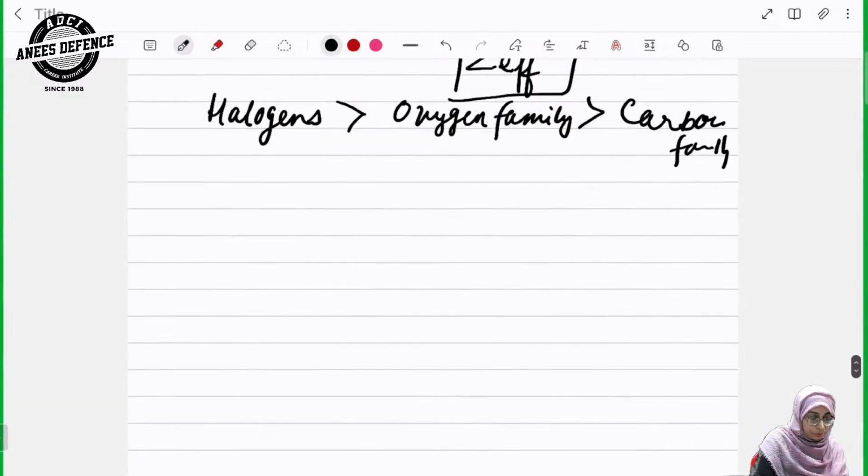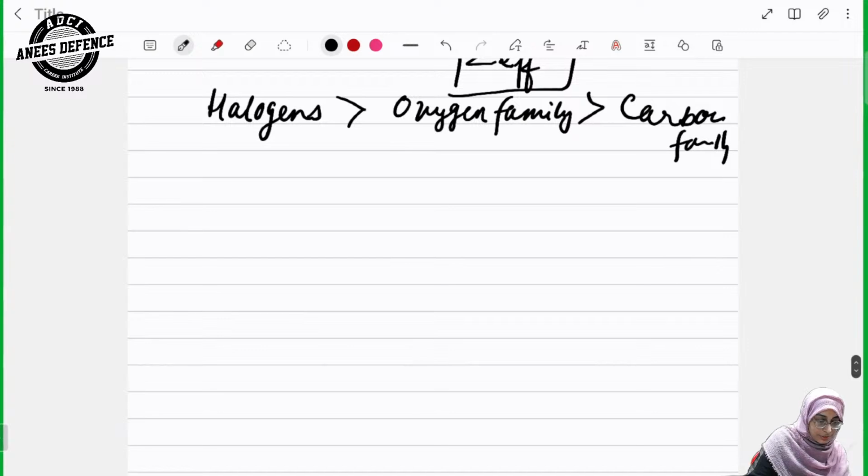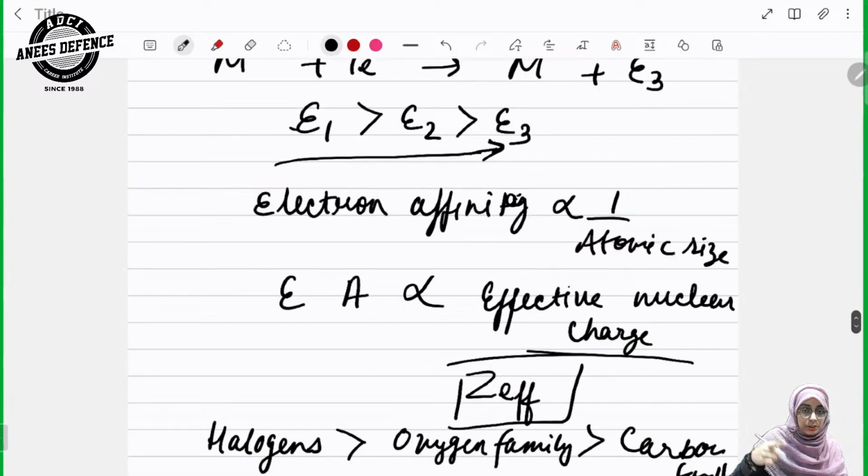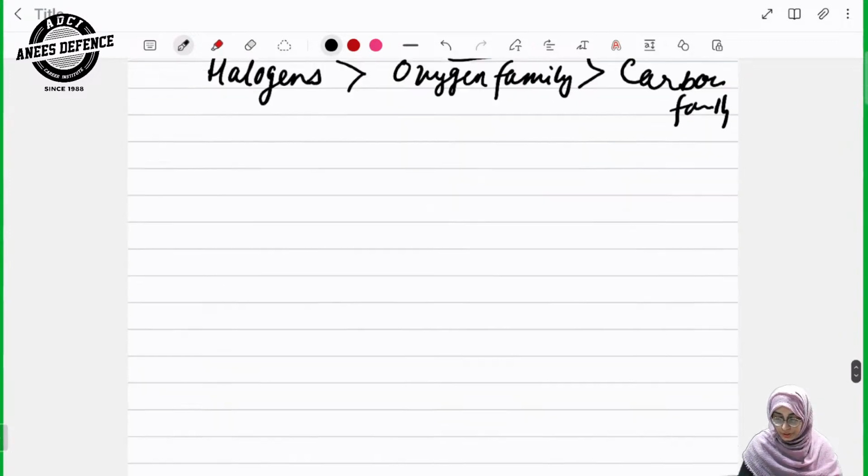In a group, electron affinity is inversely proportional to the atomic size. And what happens in a group? Atomic size goes on increasing.